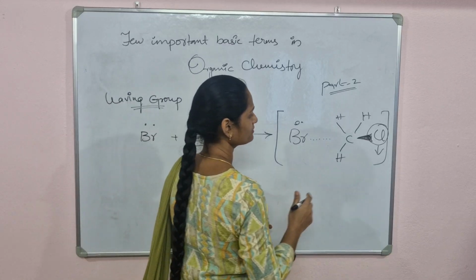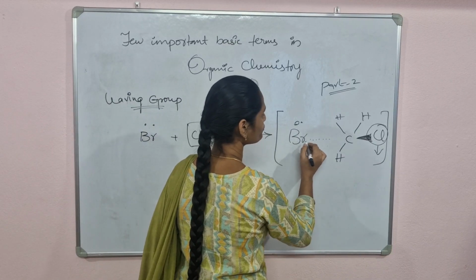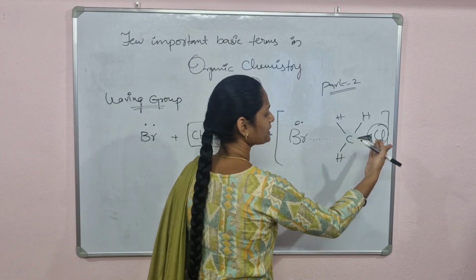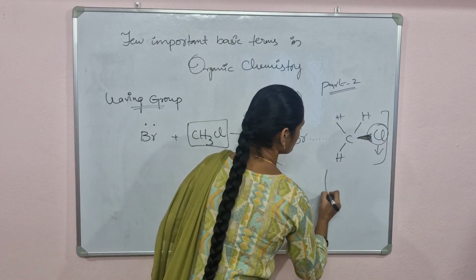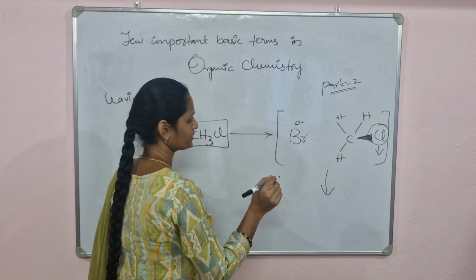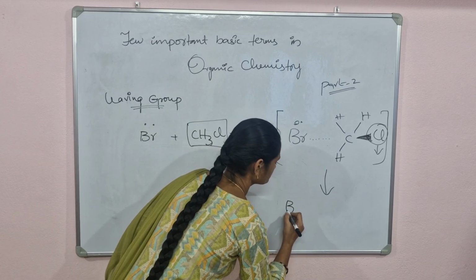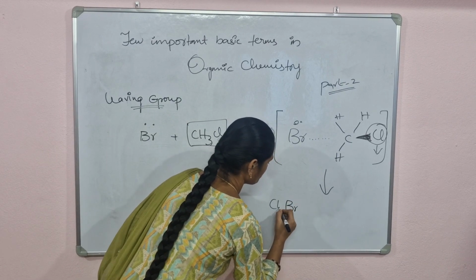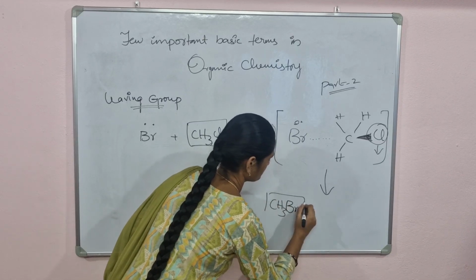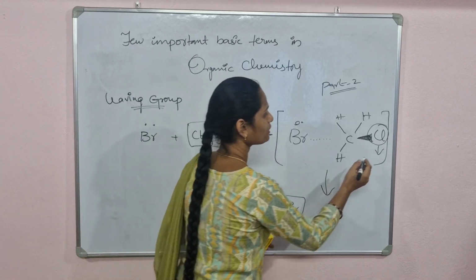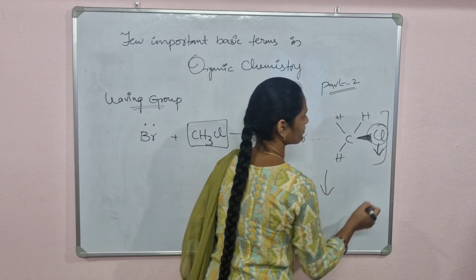After this attraction of bromine to the chloromethane, chlorine gets completely detached from the molecule, and then it becomes methyl bromide. This will be the final product. So here chlorine is the leaving group.